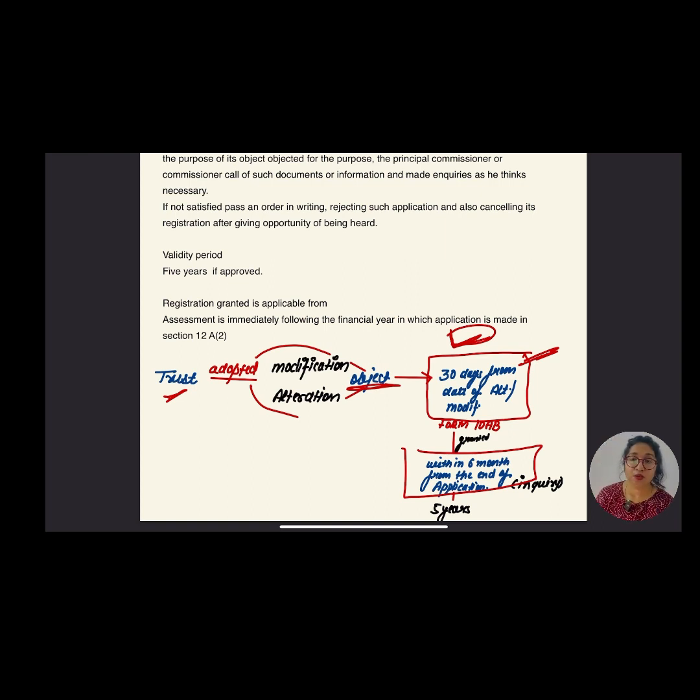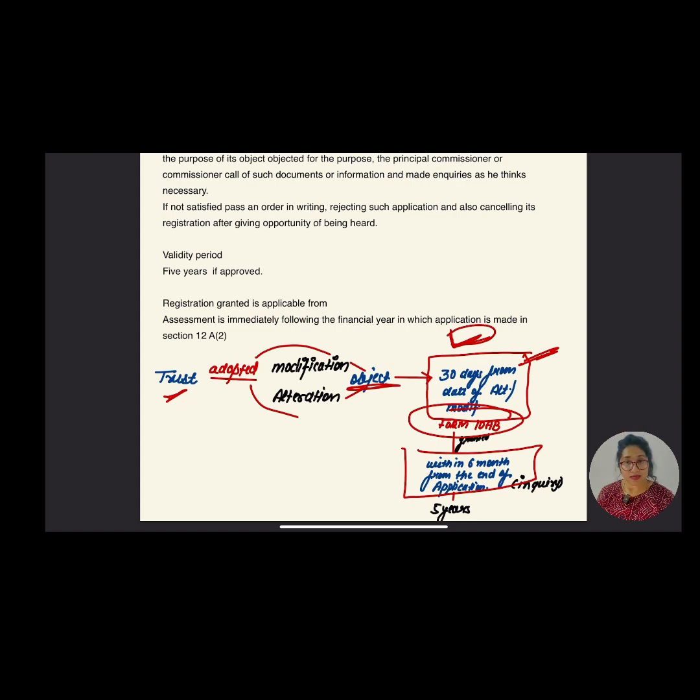If the trust is going for adoption, definitely they can do so, but they have to apply again for registration within 30 days from the adoption, alteration, modification of that objective. That is clear. And in which form number? In form 10AB. Remember, form 10AB was also in the previous clause, right?